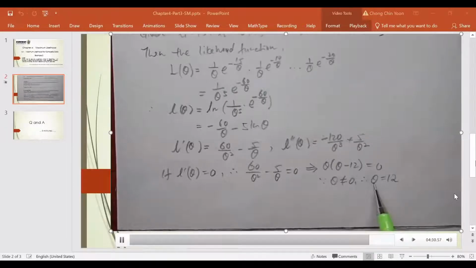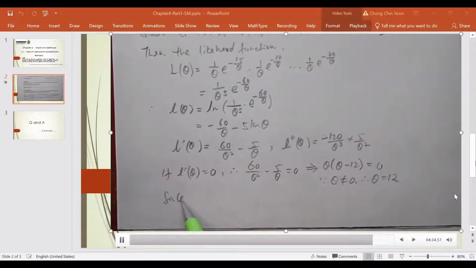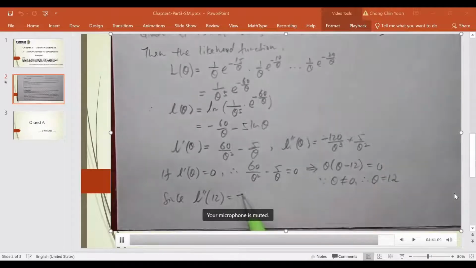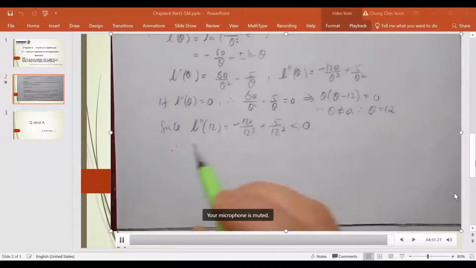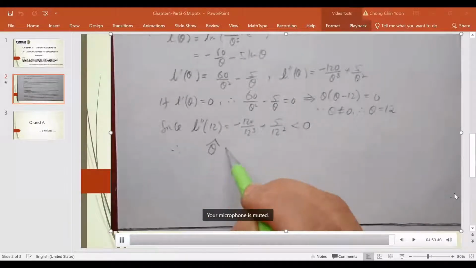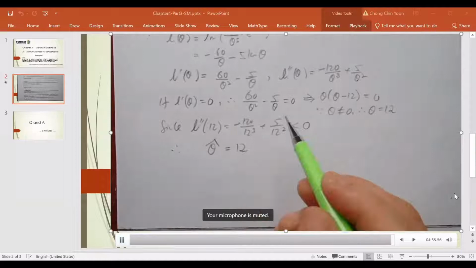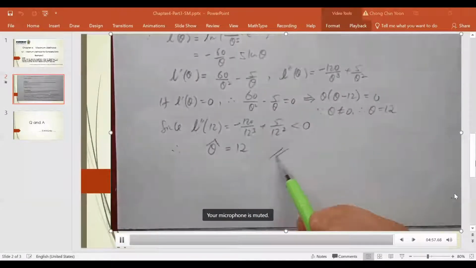And next we try to test this theta value in the second order. When theta is 12, we get this value, which is negative. So therefore, the estimate of theta is 12 under MLE.